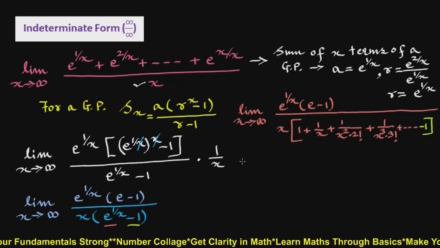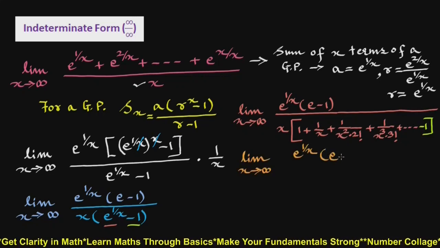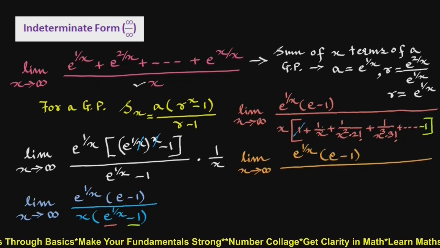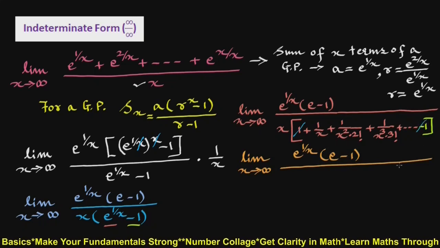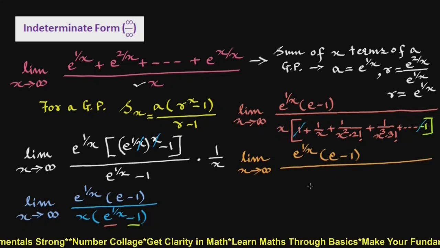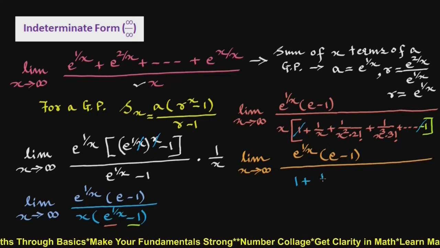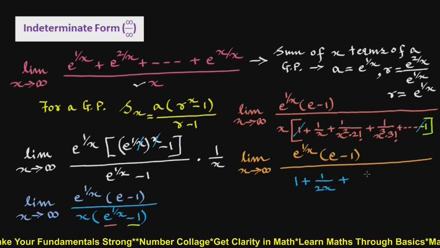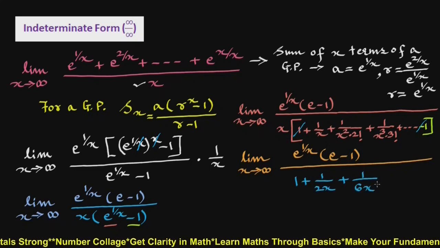This will be e raised to 1 upon x into e minus 1 upon, this 1 minus 1 is 0, and after opening the bracket this will be 1 plus 1 upon 2x plus 1 upon 6x square plus so on and so forth.